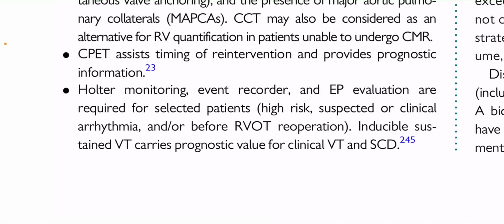Holter monitoring, event recorder, and EP evaluation are required for selected patients: high risk, suspected or clinical arrhythmia, and or before RVOT reoperation. Inducible sustained VT carries prognostic value for clinical VT and sudden cardiac death.